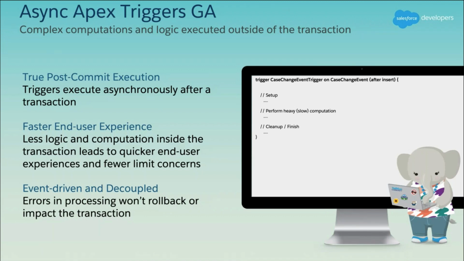As I said, with change data capture, other applications or other parts of code get to know that an event happened. That event will be propagated to those parts of code where you can do any kind of additional processing. Now with Summer '19, you can in fact write Apex triggers which can get the change data events.